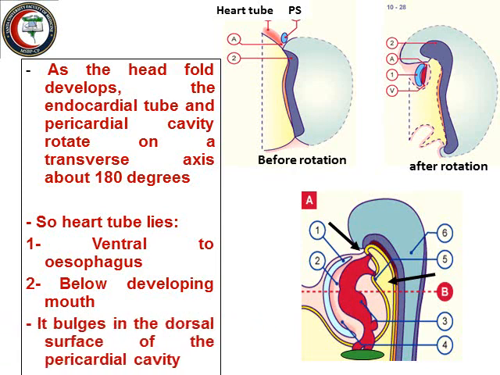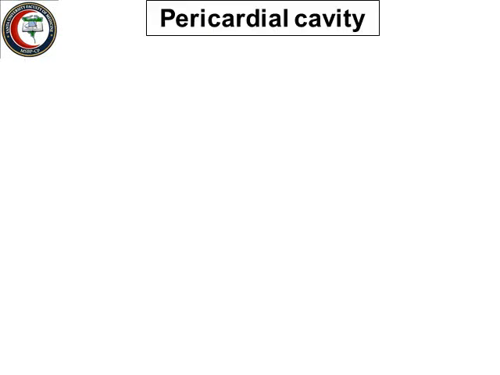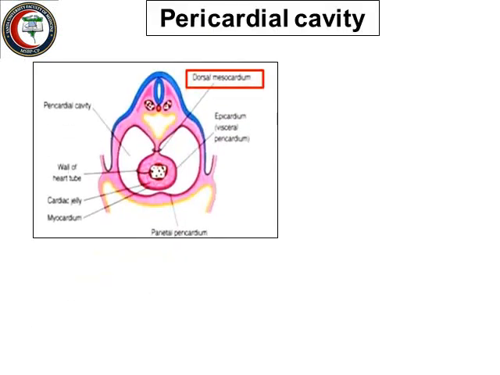And number three, it bulges in the dorsal surface of pericardial cavity. This is the pericardial cavity and folding. Now let us see the pericardial cavity. Here is the pericardial cavity around the heart tube. It bulges into its dorsal surface and suspended by what's called the dorsal mesocardium, mesentery of heart tube.